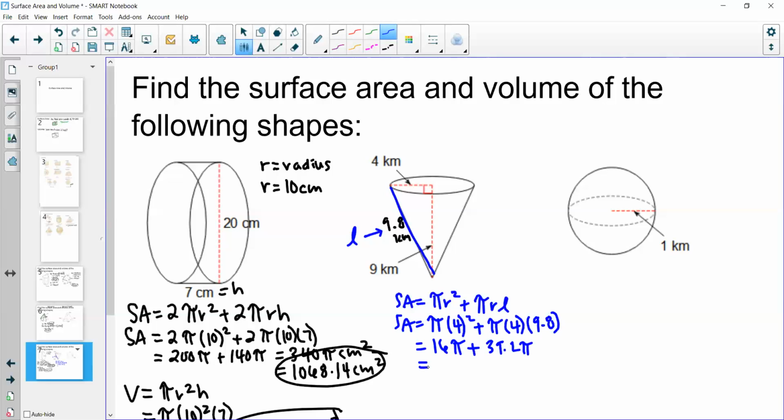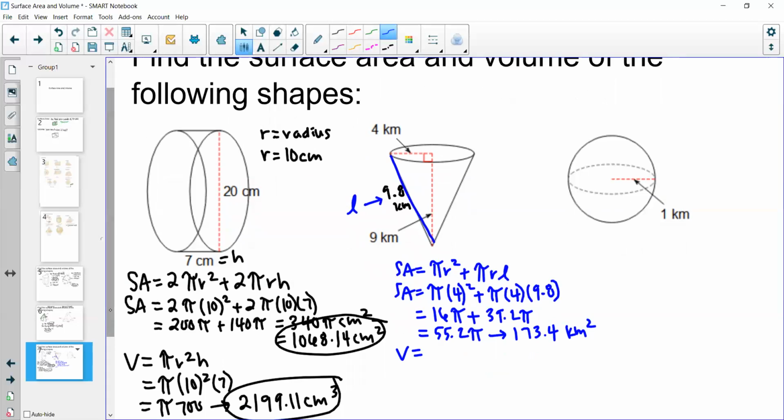We can then combine those, 16 plus 39.2 is 55.2 pi, which is 173.4 kilometers squared.